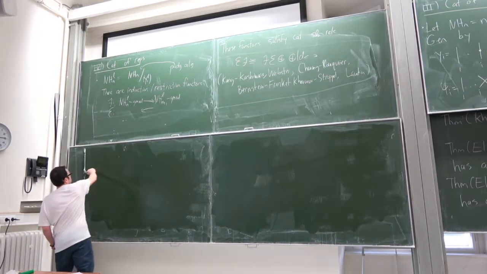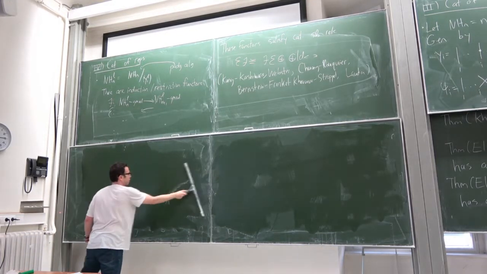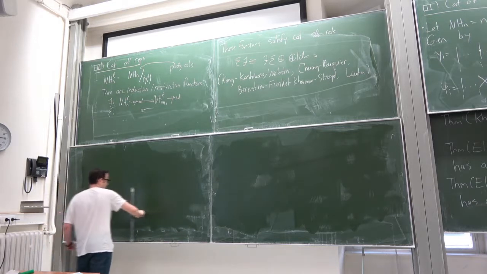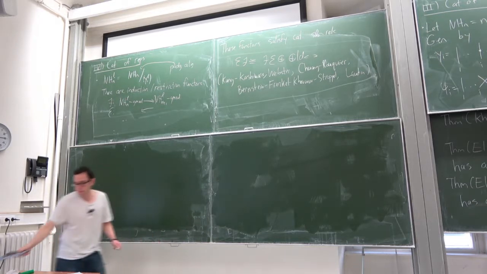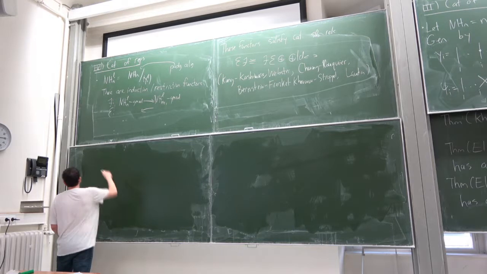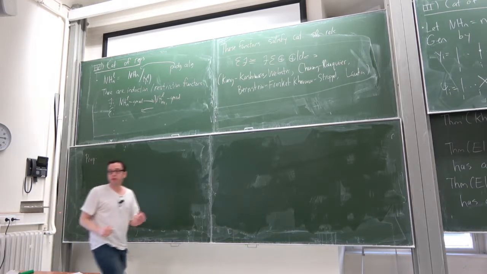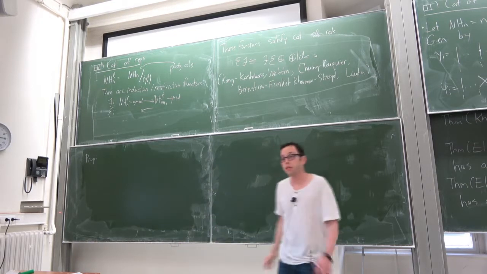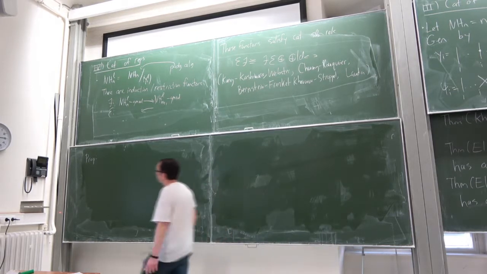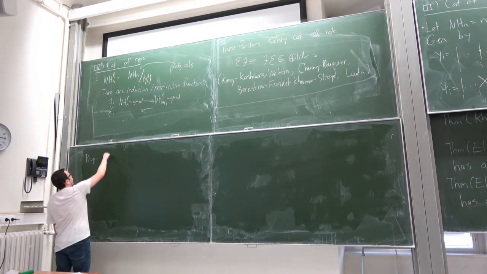And so there's a DG analog of this fact. These induction and restriction functors can actually be upgraded to DG functors. And I should say this is due to Elias and Qi.